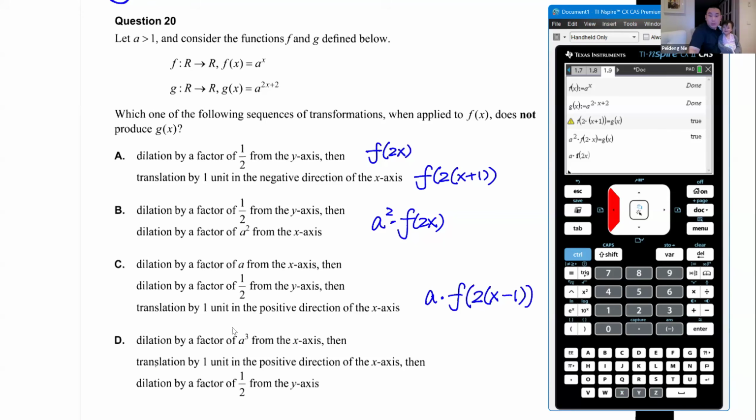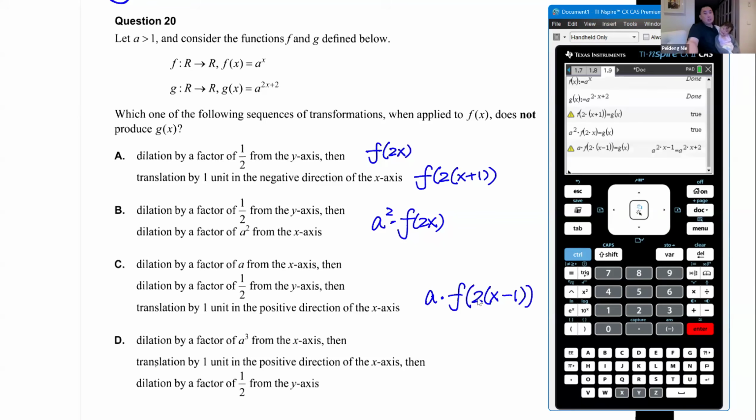So you can use that equals g of x. Can you see that? a to the power 2x minus 1 equals a to the power 2x plus 2, which is not generally true. So option C will be unsuccessful.